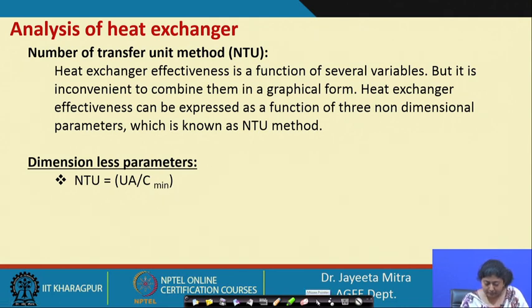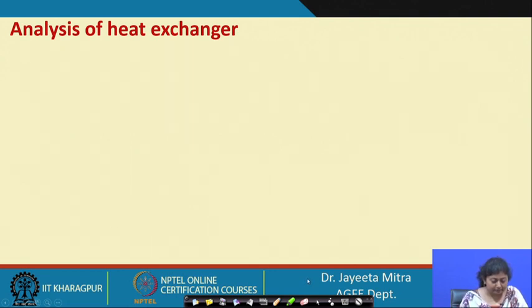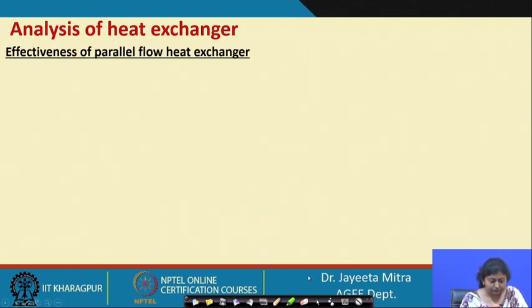So, this is one parameter. The other is the capacity ratio R, C minimum by C max, and then the other factor that we need to consider is the flow arrangement. So, first we will see the effectiveness of a parallel flow heat exchanger.